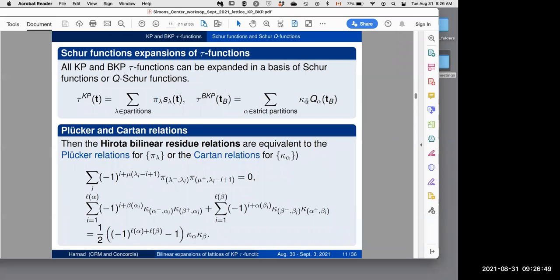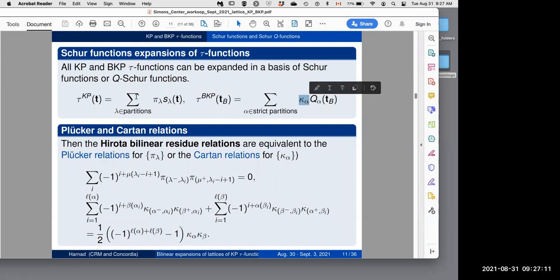Very similarly, the BKP tau functions are linear combinations of the Q Schur functions with, of course, the Plücker coordinates being determinants of minors of some infinite affine coordinate matrix. And these are Pfaffians of a suitable matrix.